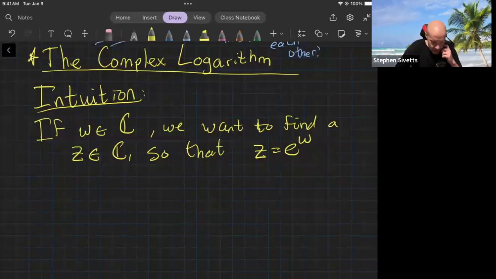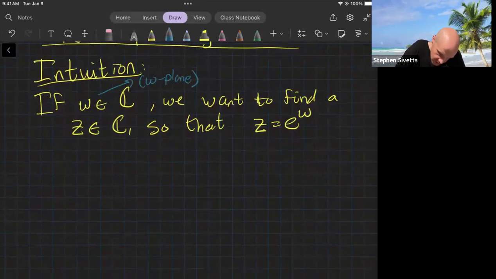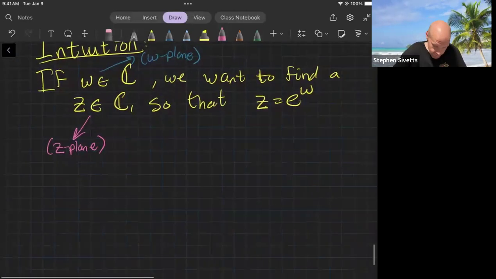All right, so that's the idea behind it. So if w is a point in the w plane, we need to find a point z in the z plane such that z is equal to e to the w, right?